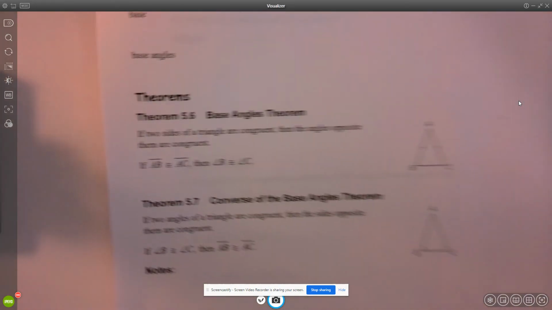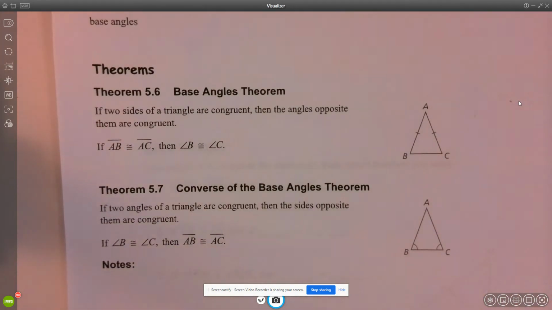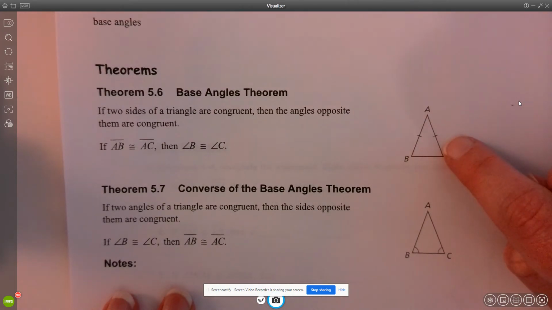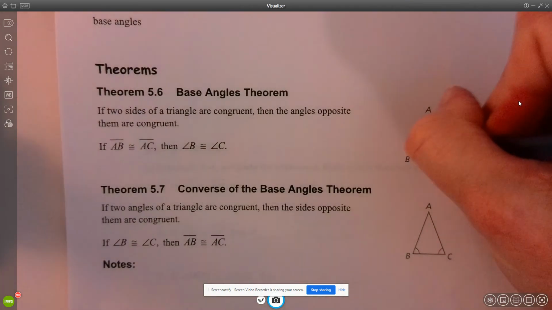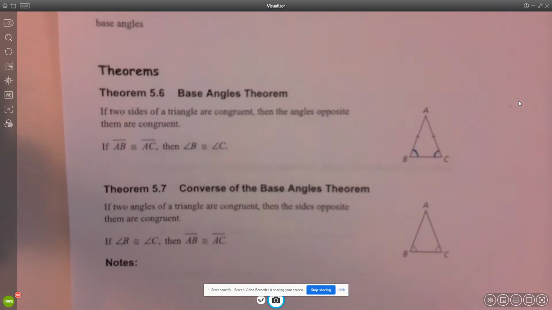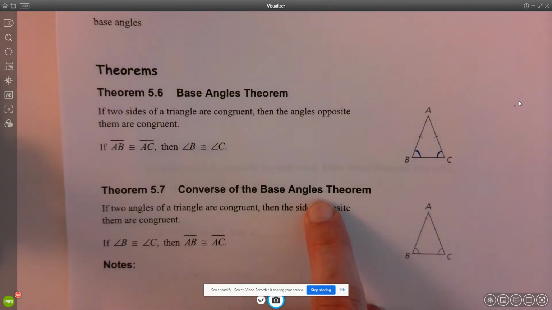So these theorems tell us that in an isosceles triangle, if the two sides or the two legs are congruent, then you know angle B has to be congruent to angle C. The two base angles have to be congruent as well. The converse says the exact same thing, but the opposite.